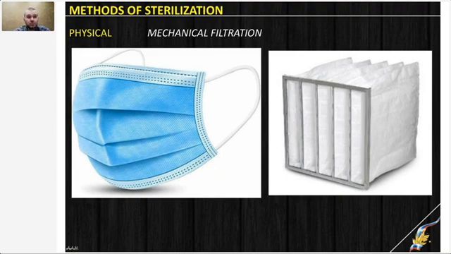And mechanical filtration is again a very popular and very available method to filtrate liquids, to filtrate gases, and even some types of powders can be filtrated with the help of corresponding filters.